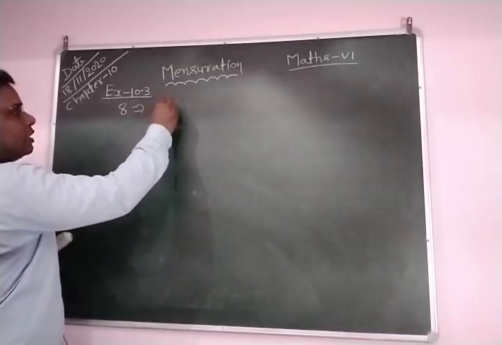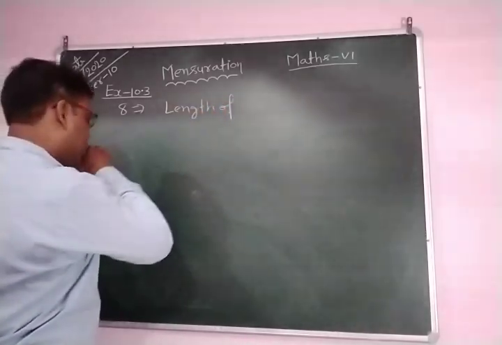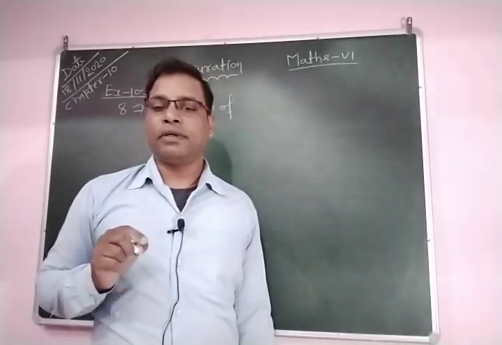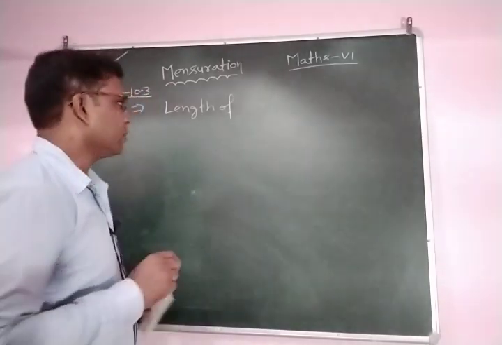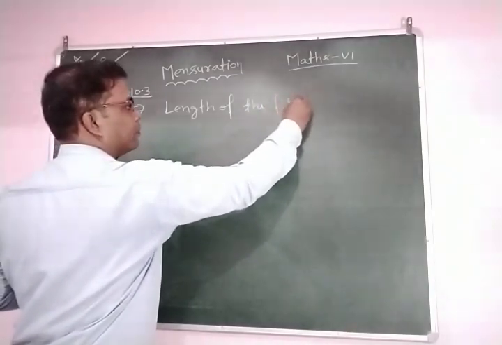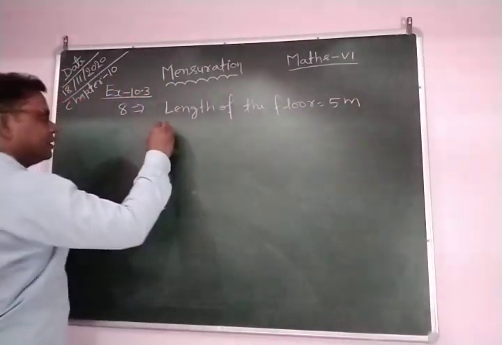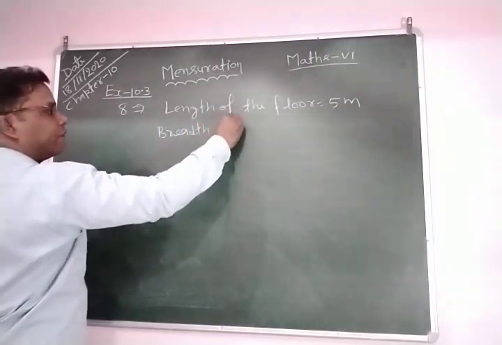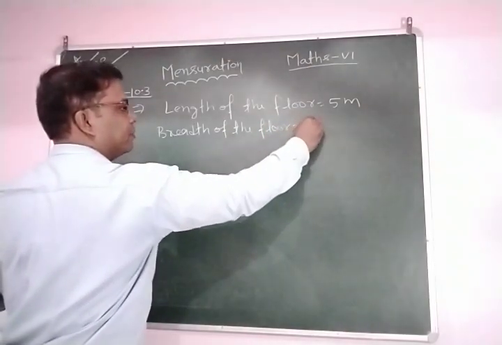Length of floor is given here, 5 meter. Okay, and the breadth of the floor is given here, 4 meter.